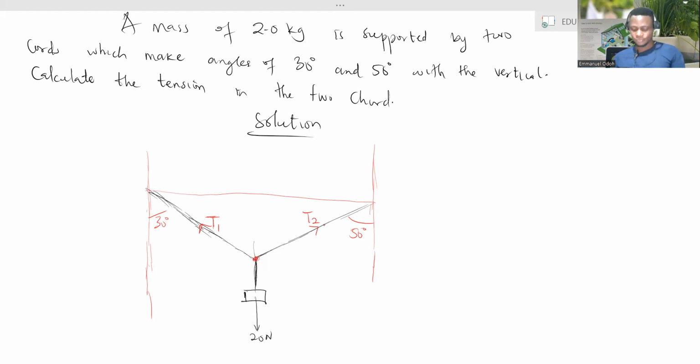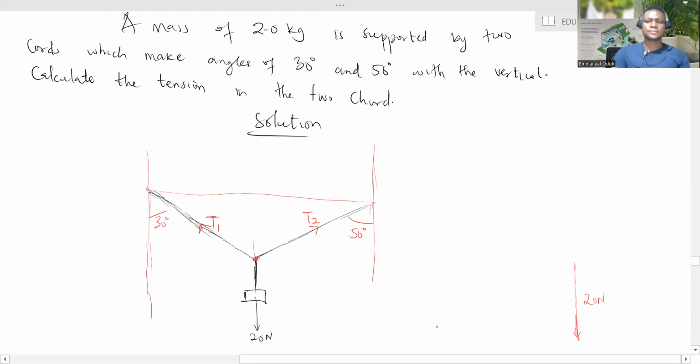Now we can draw the triangle of forces. That's the first thing I'll guide you on. Remember our rule, we draw them parallel to the line of action. For the 20 Newton, it is acting downward, you can see this is vertical, so I'm drawing vertical.